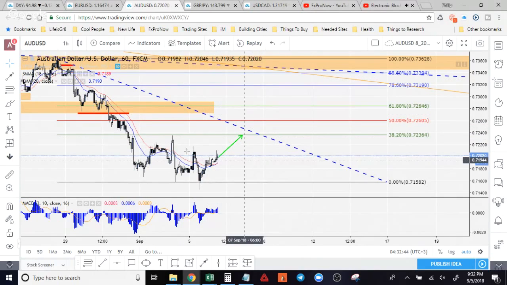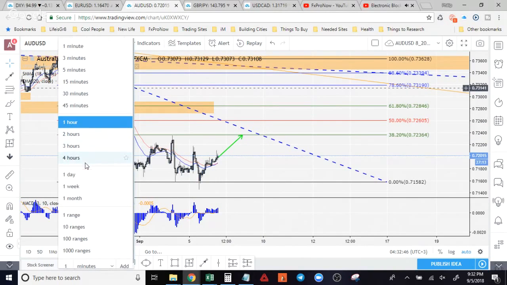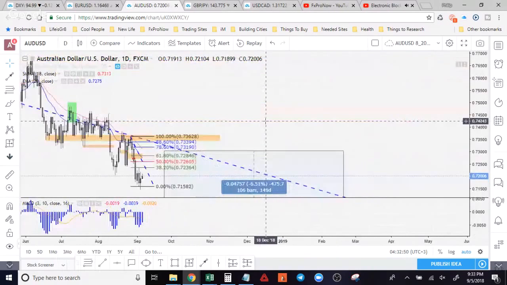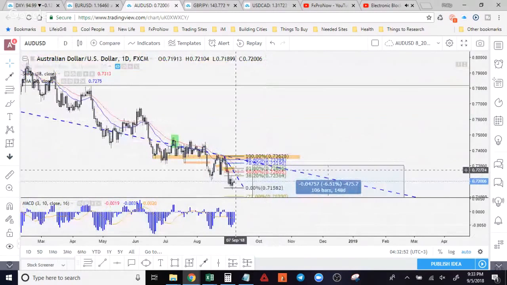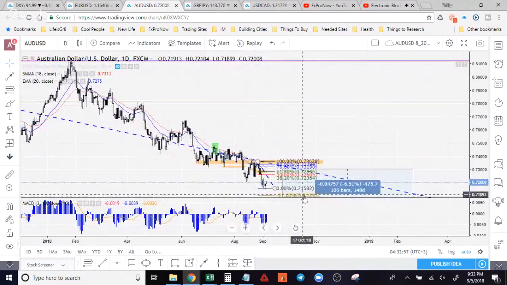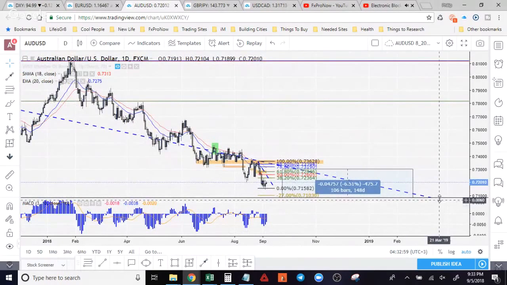All right. My overall analysis for this is a long way down, but just for a short term, if price does get to that 38.2, then I would look for price to get to this negative 27 area right here.